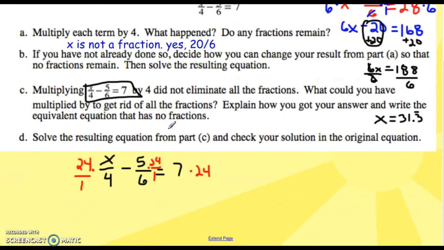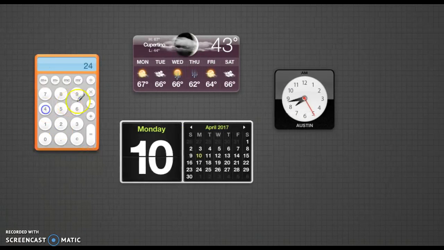All right, so then if I scroll down here, 24 times x equals 24x, and then 4 times 1 equals 4, and then 5 times 24, I'm going to do that on my calculator.